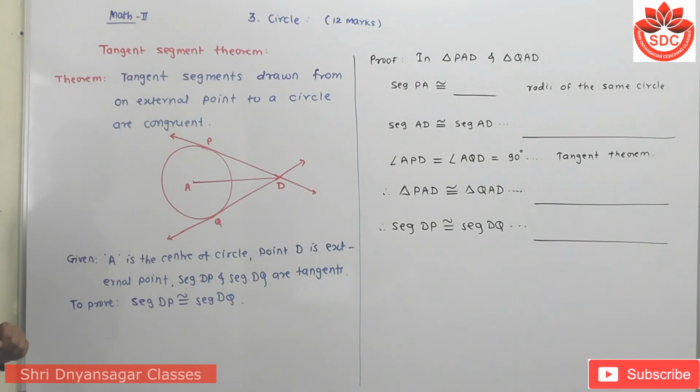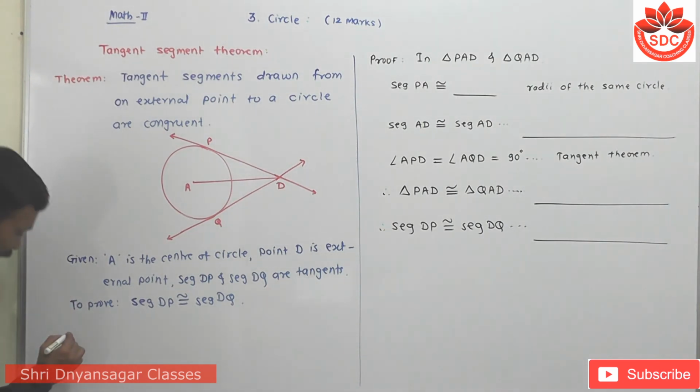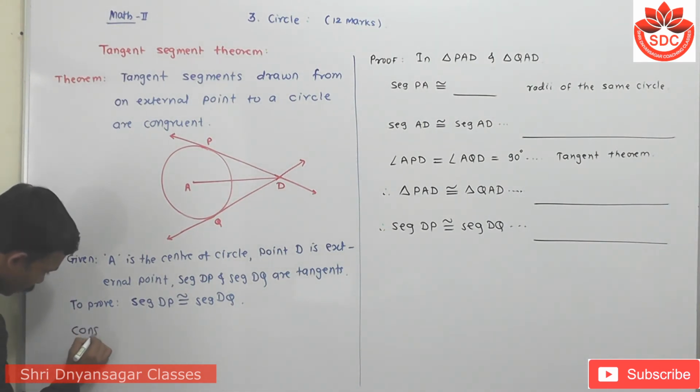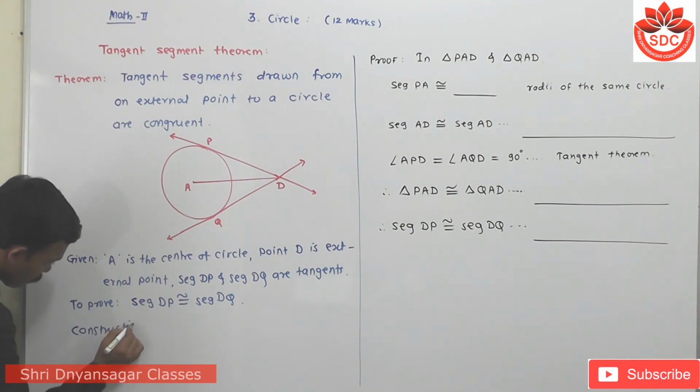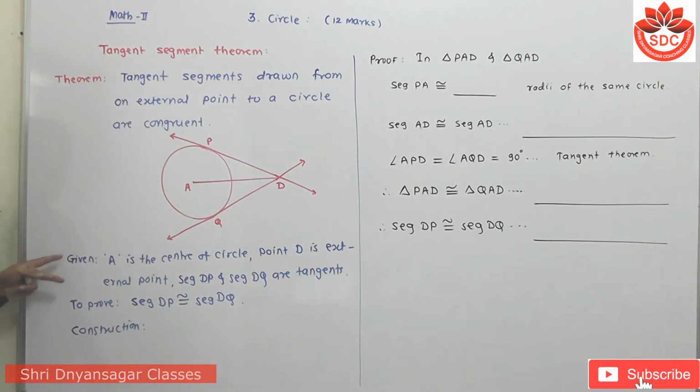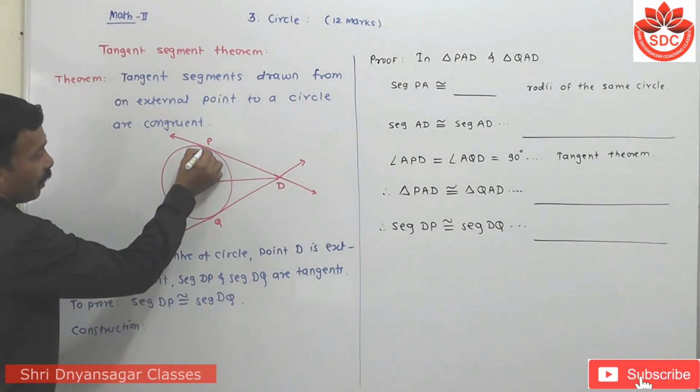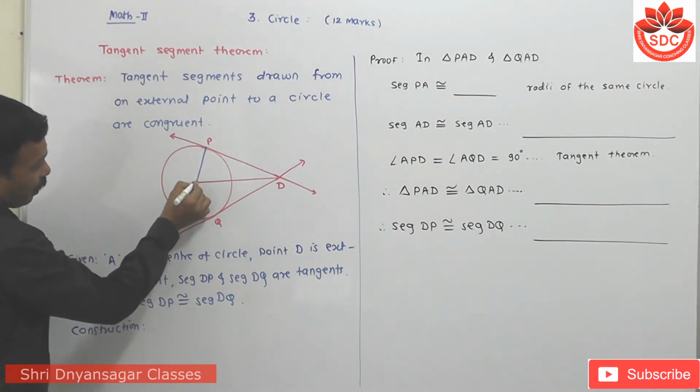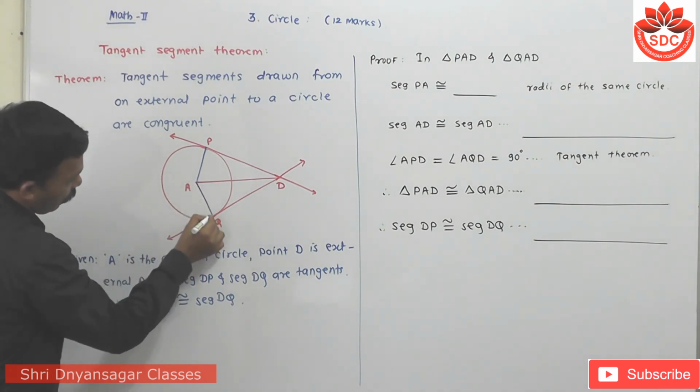For this we have to make a construction. This part is not given in your book. First we write given and to prove, then the construction. Draw the segment AP and the segment AQ.